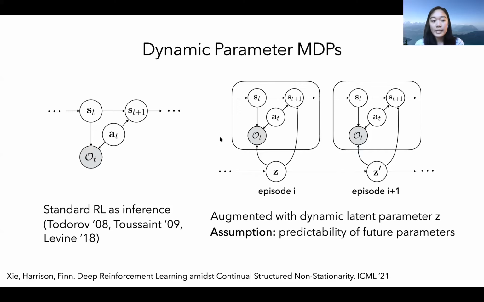You can think of these task parameters as physical parameters like the mass of a payload or direction of a wind force. We assume that we do know when these task parameters change, but not necessarily what they are. For simplicity, we assume that these task parameters are shifting at the episode boundaries and that they shift stochastically.